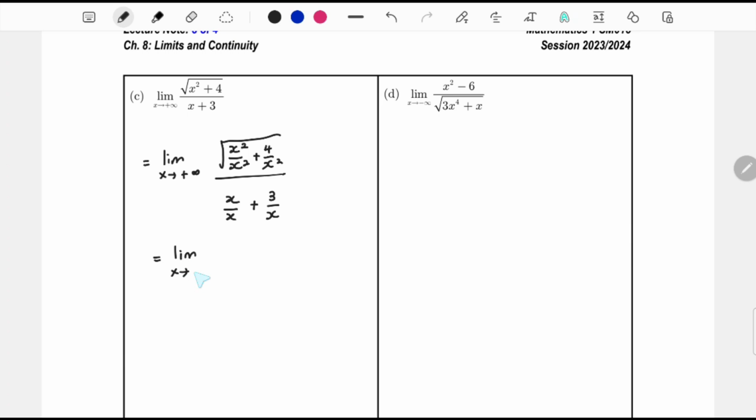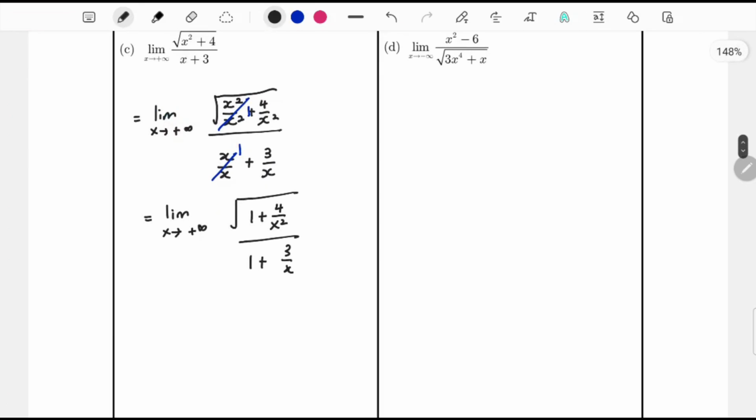And then simplify. 1, 1. Then it becomes (1 plus 4 over x squared) over (1 plus 3 over x). And again we substitute infinity, so it becomes 1 plus 0 over 1 plus 0. So the final answer is 1.